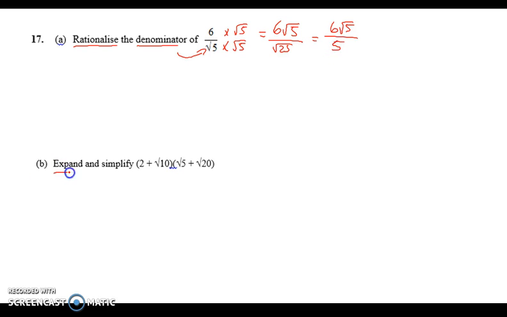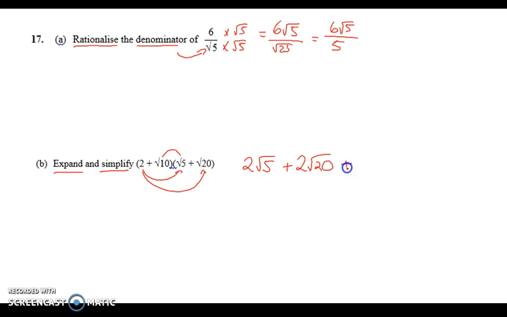Part B, we're going to expand and then simplify. So we're going to expand this out just like a double bracket expansion. So we're going to do 2 times root 5, which is 2 root 5. And then we're going to go 2 times root 20. So that's plus 2 root 20. And the middle bit here, we've got root 5 times root 10.